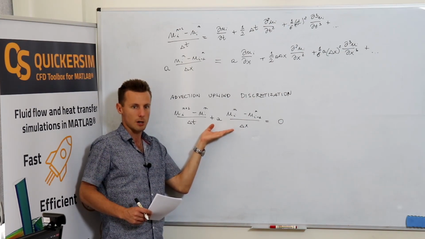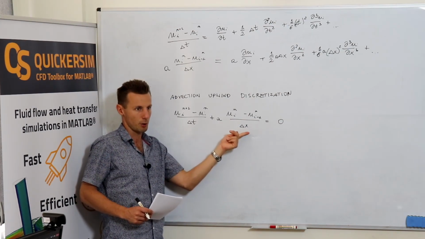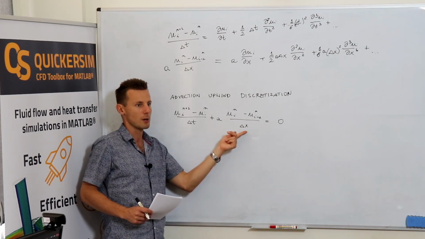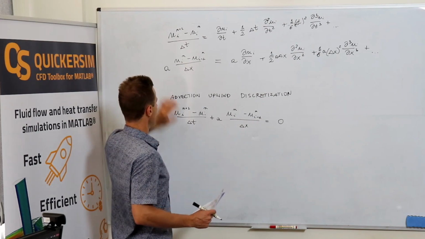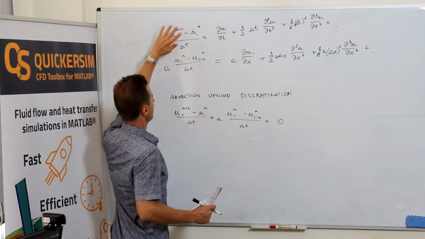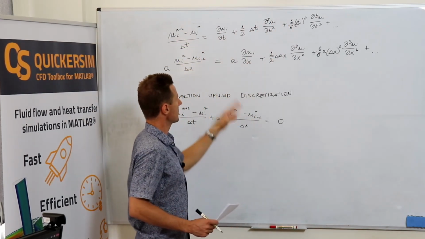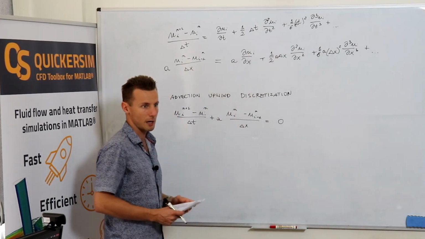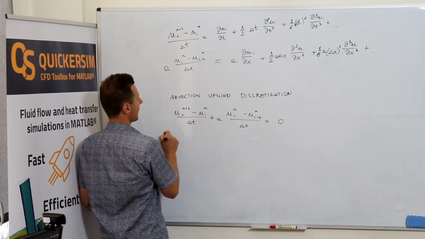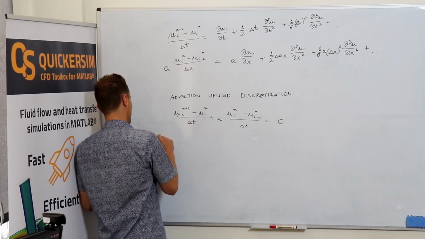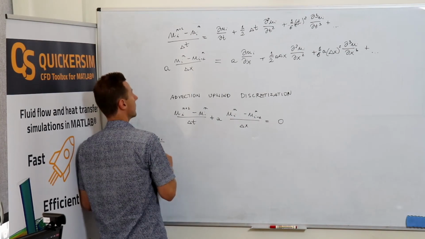Right now the question is, okay, if we solve it on the computer, what kind of equation do we really solve? So if we now replace this term by that, this term by that, let's see what kind of equation do we really solve for. And the answer is, we are solving something like that.